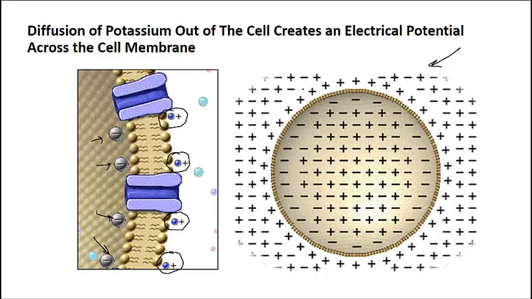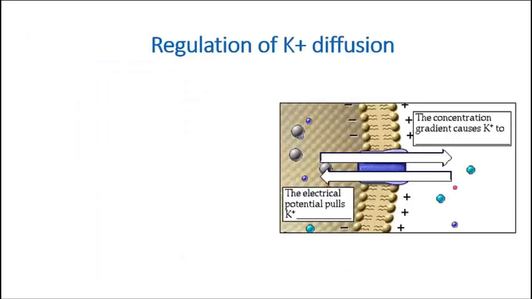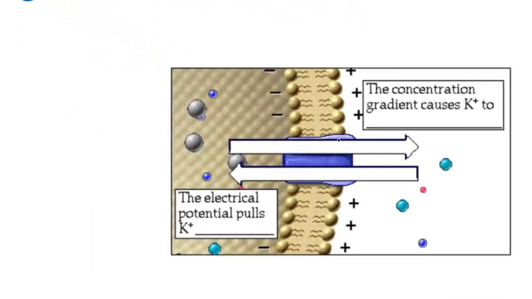Soon potassium concentration will be higher outside the cell and lower inside the cell, right? So if you think of this idea, imagine that we put our cell in a bath of extracellular fluid and watch potassium diffuse out. As potassium diffuses out, an electrical potential begins to develop.